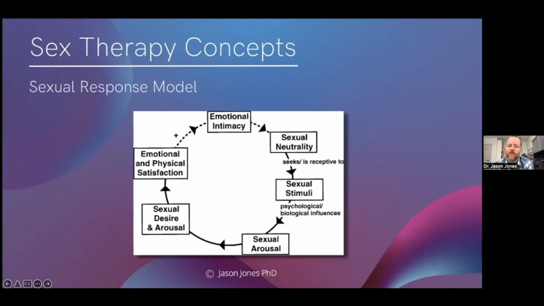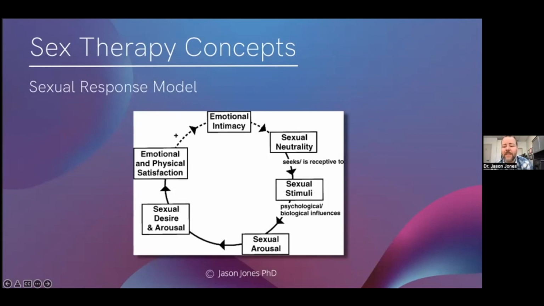and then being able to communicate that with the partner. We don't know immediately which model we're going to fit into. We have to think about it. We have to look at what our body is telling us, and through experience understand what process our unique body goes through in order to have spontaneous desire or to get to a place of sexual neutrality where there is some receptiveness towards it.